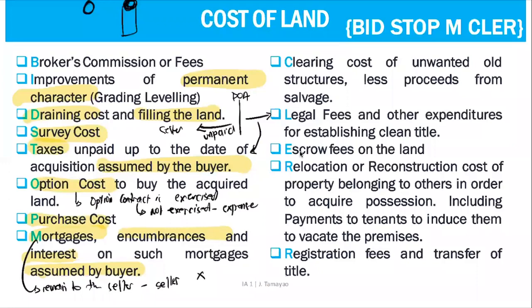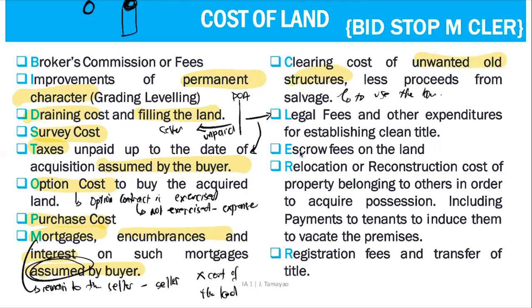Next, we have your clearing cost of unwanted old structure, less proceeds from salvage. So whatever structure is included on the land, if ever we remove it, the cost of removing those structures will be part of your cost of the land, less proceeds from salvage. But take note, we are only doing this to use the land. You remove those unwanted old structures to use the land.